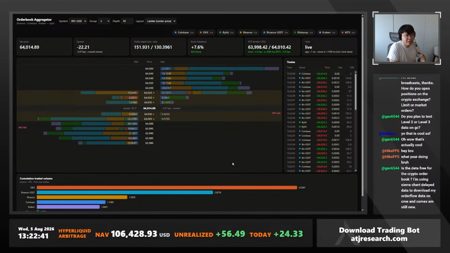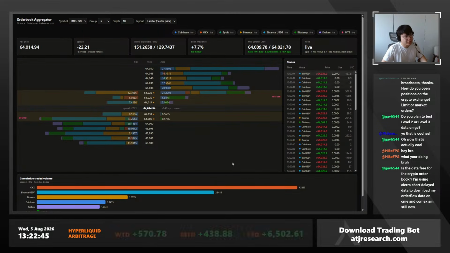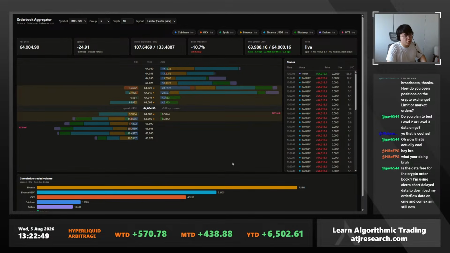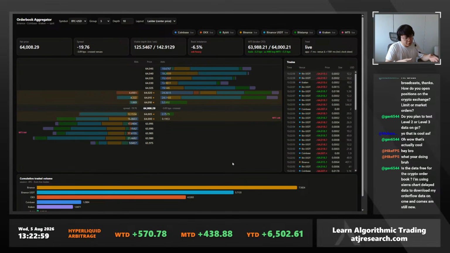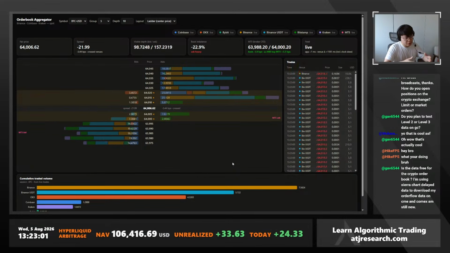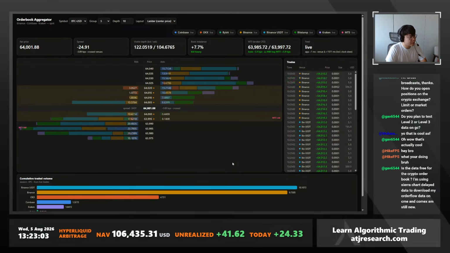Maybe we can predict when these spikes or discrepancies happen. So by learning more about level 2 and order flow, we can combine two separate projects, and maybe find a place where these two strategies can work together.